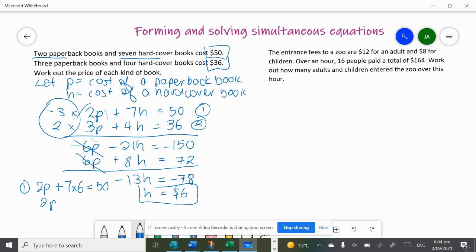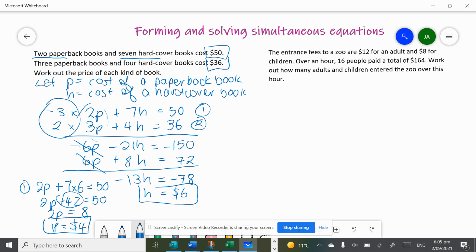So 2p plus 42 equals 50. 50 minus 42 is 8. Take plus 42 over the other side by subtracting. So P equals $4. And explain that in your context: the cost of a hardcover book would be $6 and the cost of a paperback book would be $4.